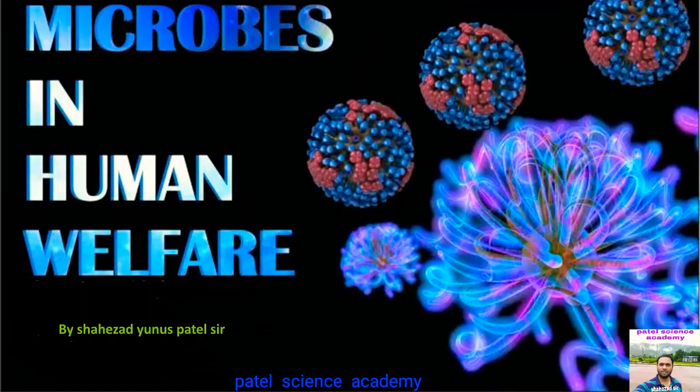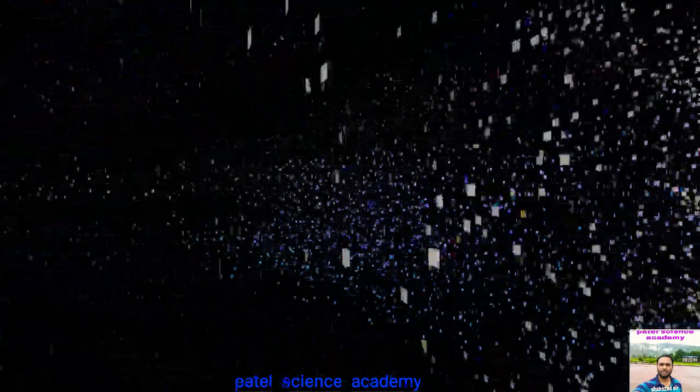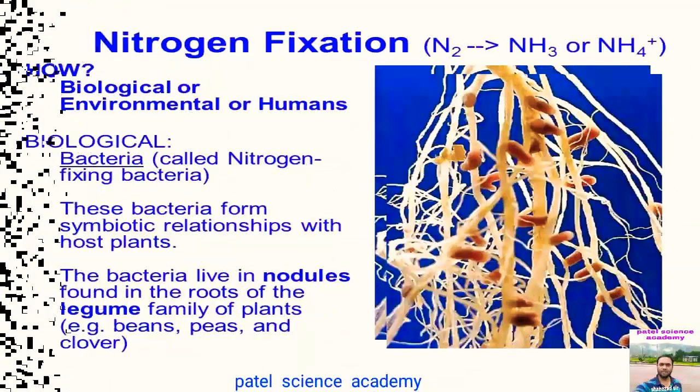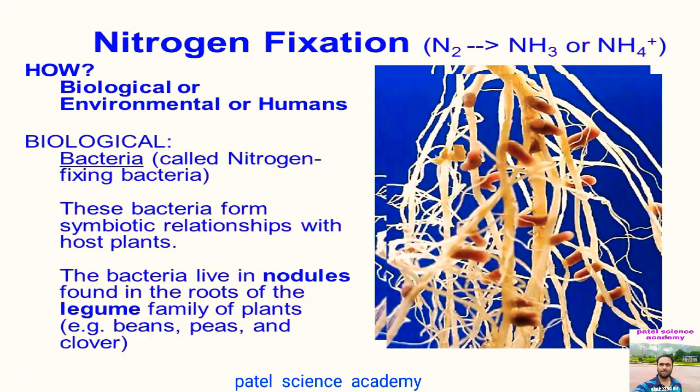So dear students, in the previous lecture I have explained so many roles of the microbes in different industries, in the formation of organic acids, and in other household products, as in biogas production and in sewage treatment too.